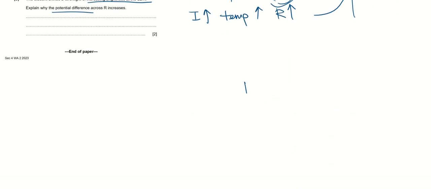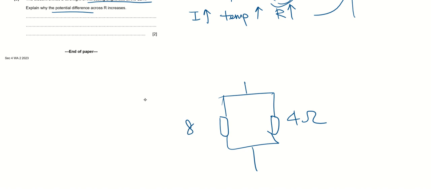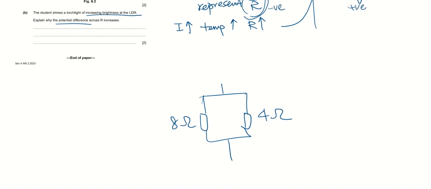So for example, I have a parallel branch. Let's keep this at 4 ohm, and this one maybe 8 ohms. So when we have 8 ohm and 4 ohm, the effective resistance is 2.67 ohm.